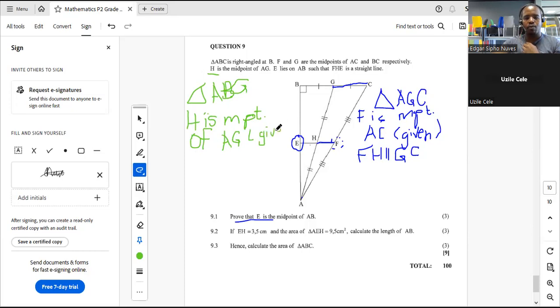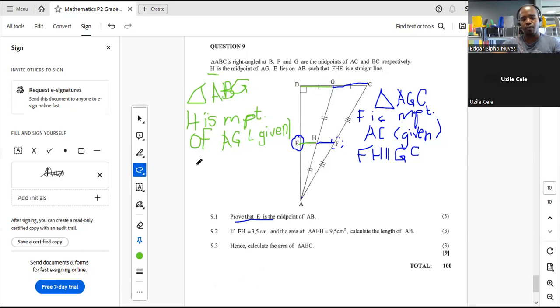Now H is a midpoint of AG. If H is a midpoint of AG, then what does it prove? The midpoint theorem would say that this line HE is parallel and half the size of BG.